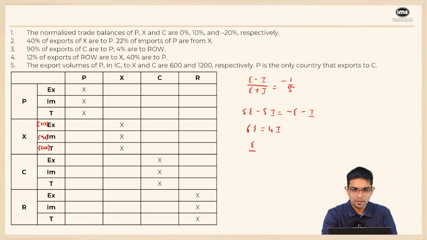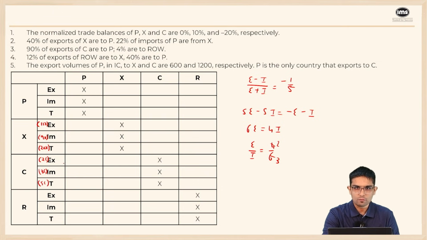So E upon I is 4 by 6, which is 2 by 3. So if export of C is 2C, then import will become 3C. The total trade is 5C. I hope this is understood.